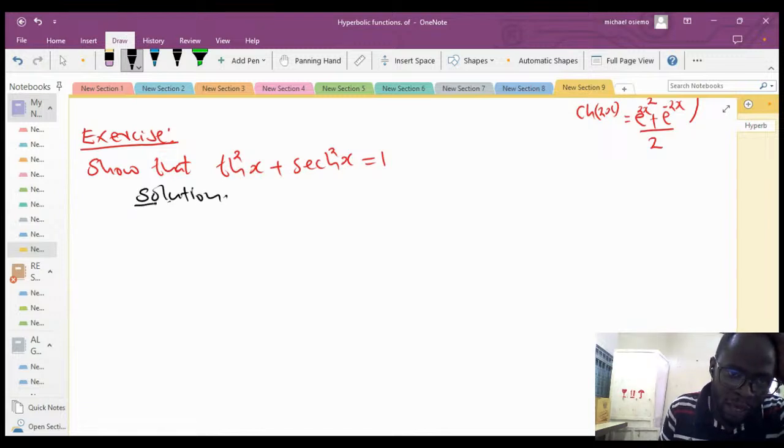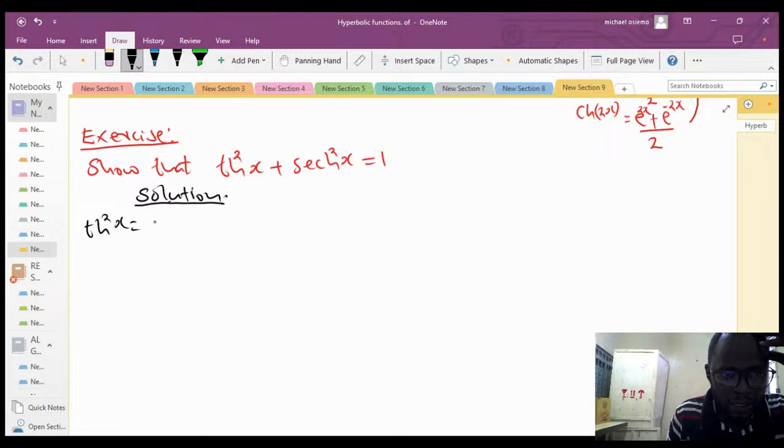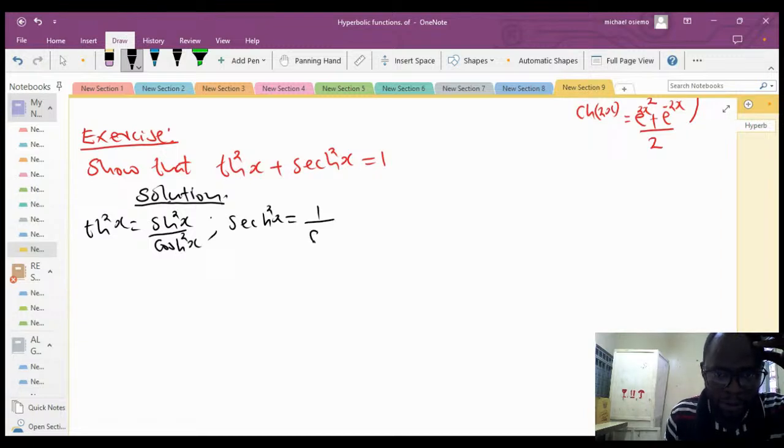So when you go and try, you can go and try, but the solution will be: th squared of x is the same as the sine hyperbolic squared of x over cos hyperbolic squared of x. And also again, we have sec hyperbolic squared of x is the same as 1 over ch squared of x.